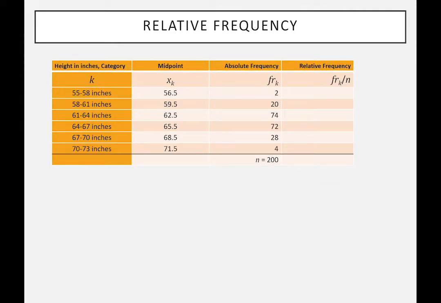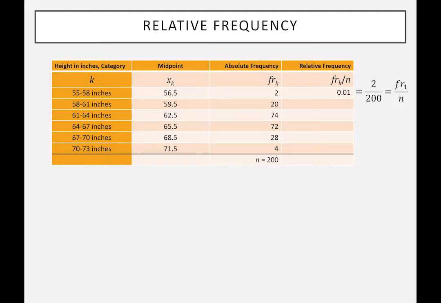I can introduce a new concept, and this is one we'll be using in this particular lecture: the idea of relative frequency. What this refers to is really just the proportion of students that fall into a specific category. Let's take a look at this. If, for example, there were 2 students of 200, the total, then that would be 1%. You can see it as 2 divided by 200, so it's 0.01.